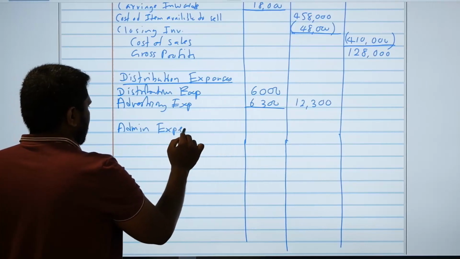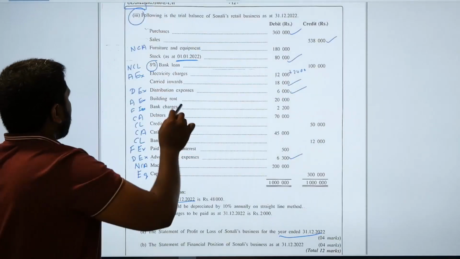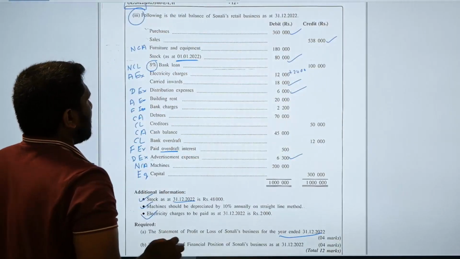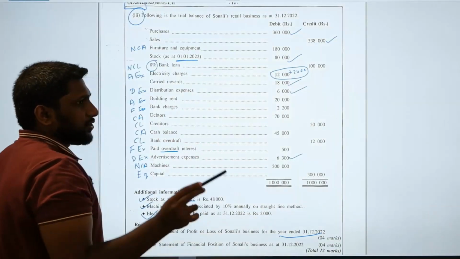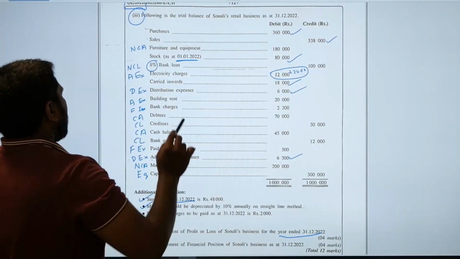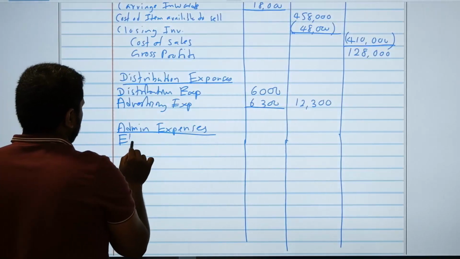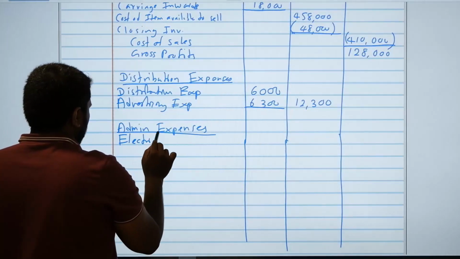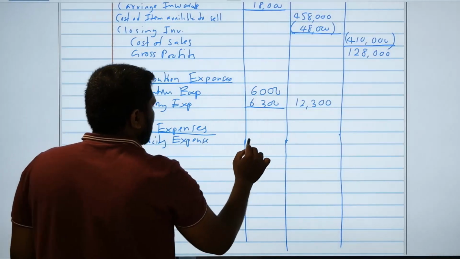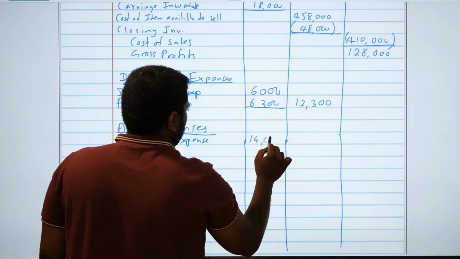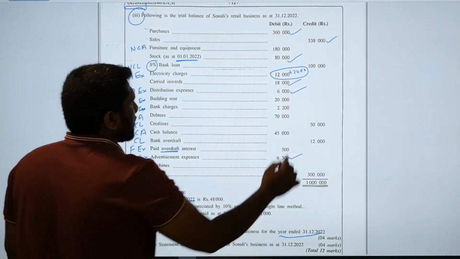Admin expenses. So what are the admin expenses that we have? Electricity 14,000. The benefit of doing the pencil adjustments, you won't forget anything. Electricity expense 14,000. Done.